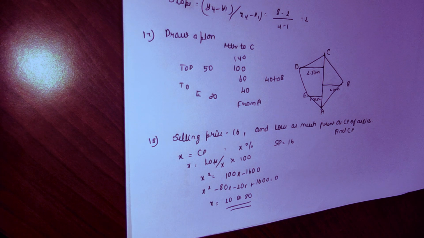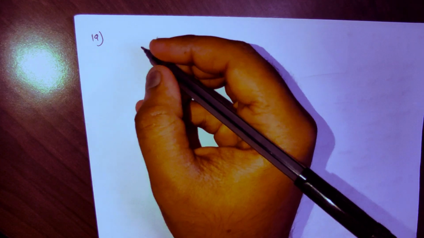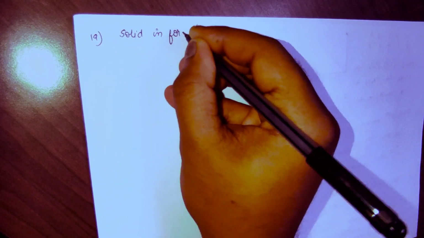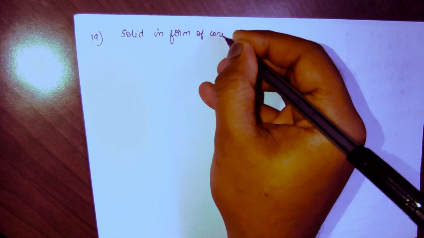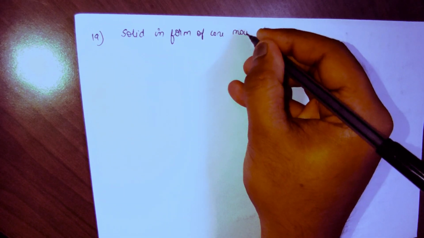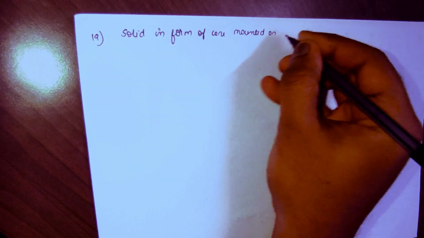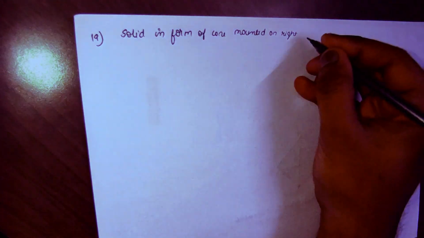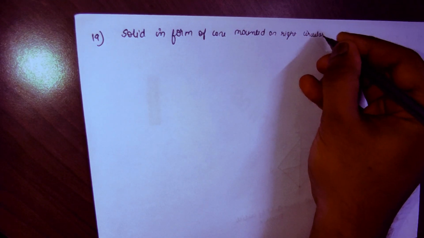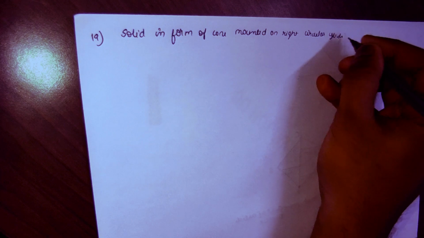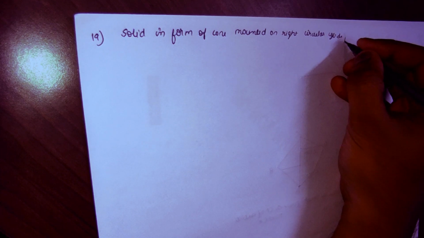We'll move into the 19th question. A solid in the form of a cone mounted on a right circular cylinder having the same radii, as shown in the figure.